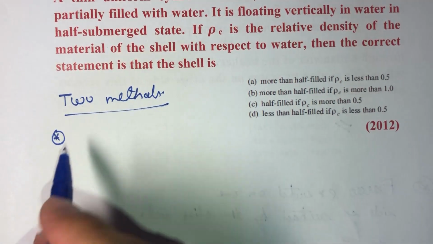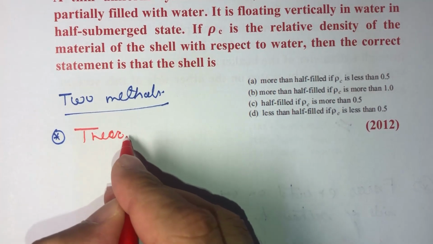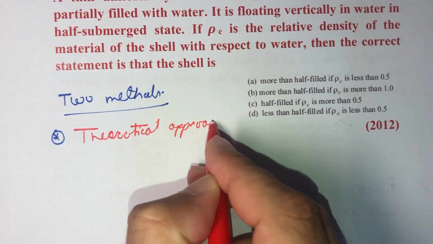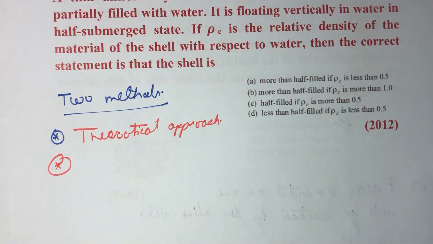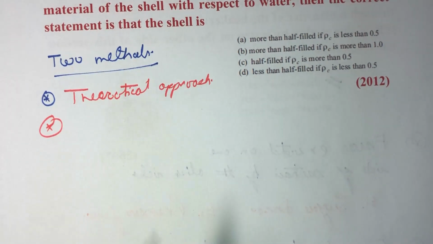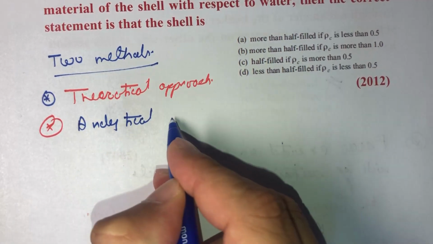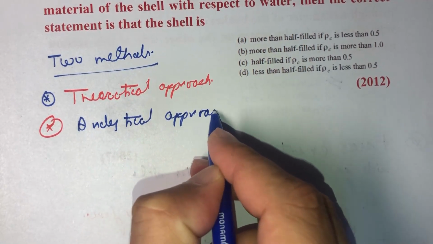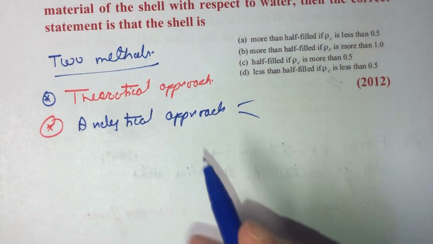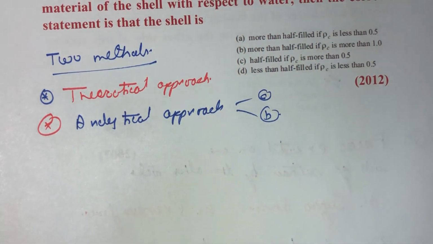Method one is our theoretical approach, and method 2, let us call that the analytical approach. And the second approach can be further divided into two parts, and we can discuss them later on. Let us call them A and B.